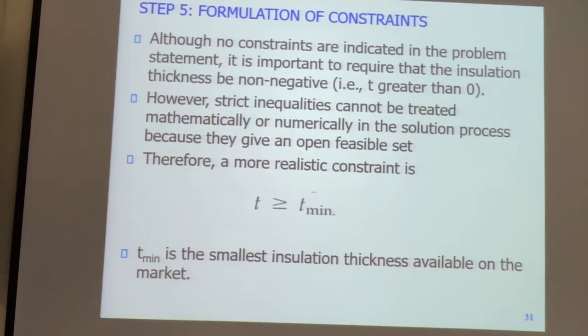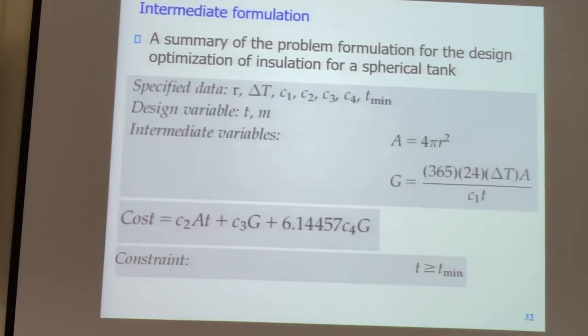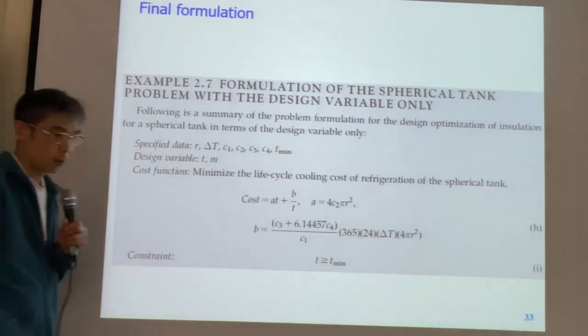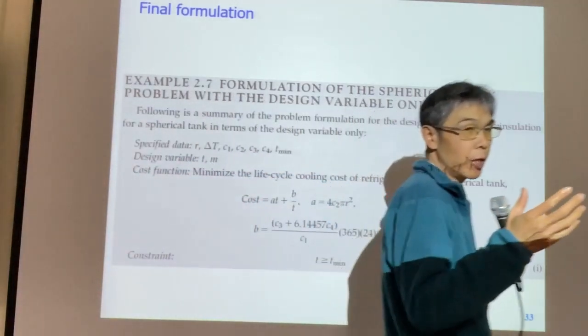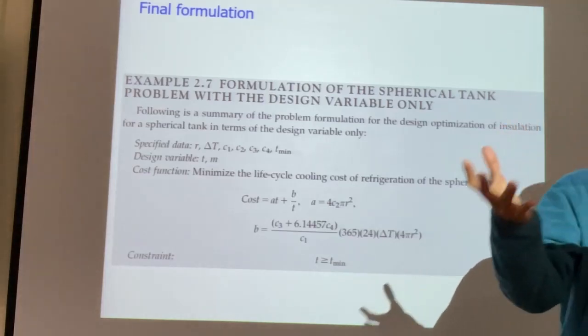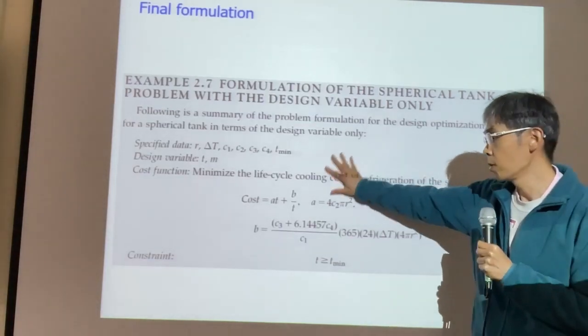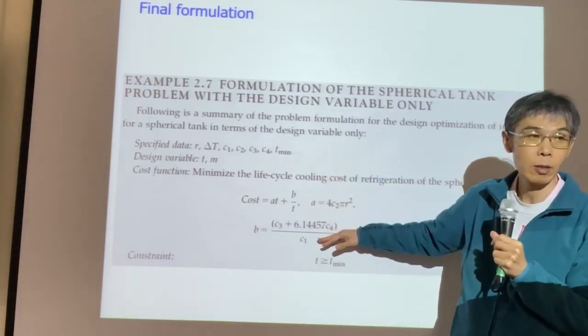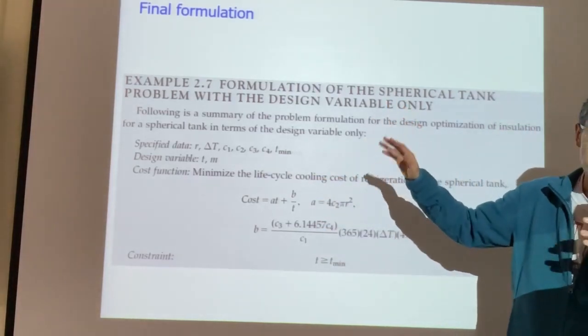Okay, so this is the constraint, step 5. Okay, we'll skip this. Final formulation. If you can give your advisor, your boss, this page to summarize everything, just use the mathematical description. It'll be perfect for any optimization problem.